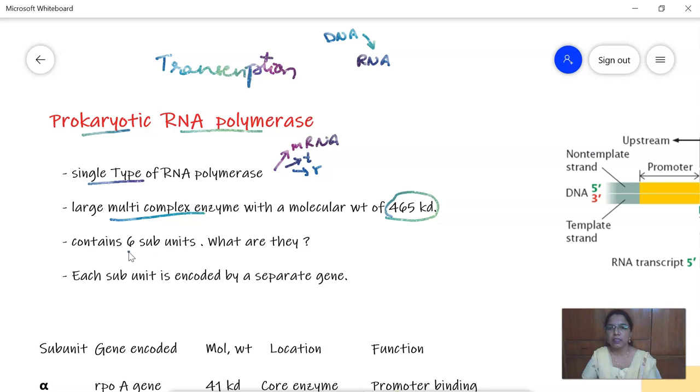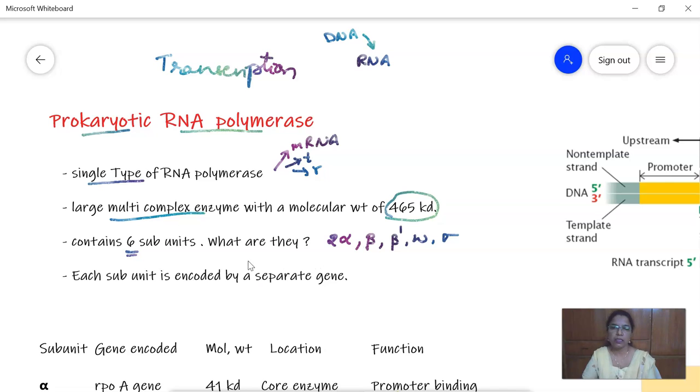It contains 6 subunits, and these 6 subunits are 2 identical alpha subunits, 1 beta subunit, a beta prime subunit, an omega subunit, and the sigma subunit. These are the 6 subunits present in the RNA polymerase enzyme.